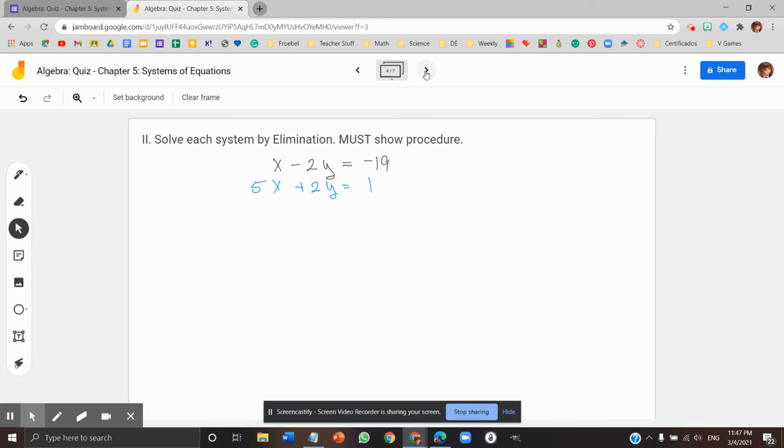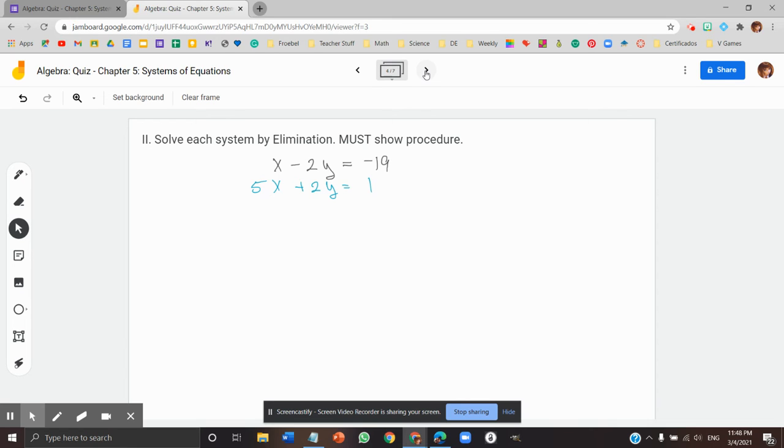Now I'm going to look for variables that are alike and that I can try to cancel. For example, I have like terms that are x's, but I cannot cancel them. If I add them, it's going to give me 6x. If I subtract them, it's going to give me 4x.